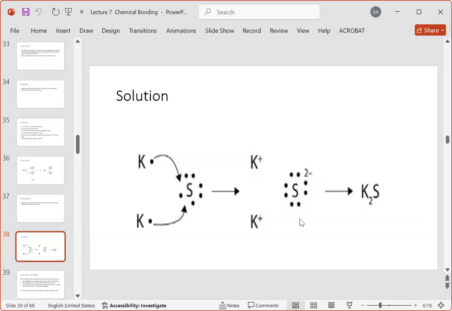A typical example is potassium giving 1 electron to sulfur so it can satisfy the octet rule. These are fundamentals of chemistry, but it's very important to understand these concepts so that you won't find chemistry too difficult to understand.